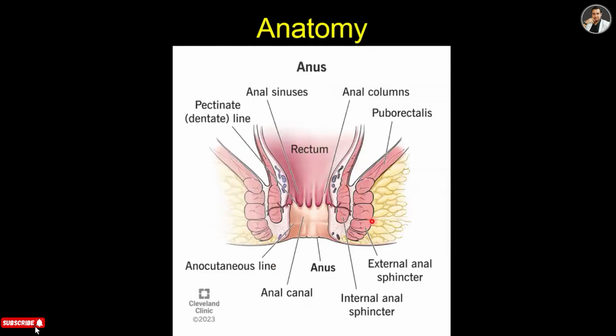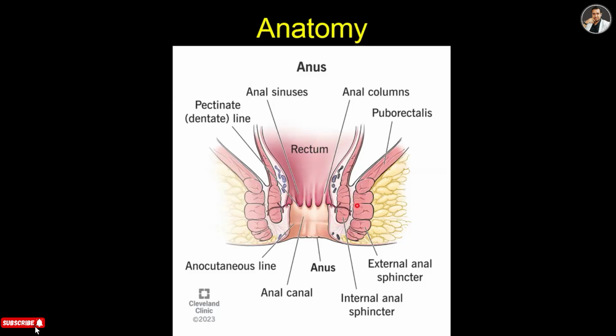In this diagram, you can see the sphincter of the anal canal. So these sphincters work during the defecation process. So this is the rectum and this is the anal canal, and this is the anus. And on both sides of the anus, there are two major sphincters.